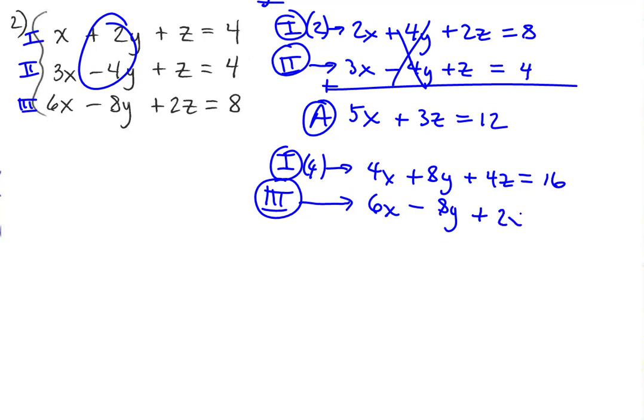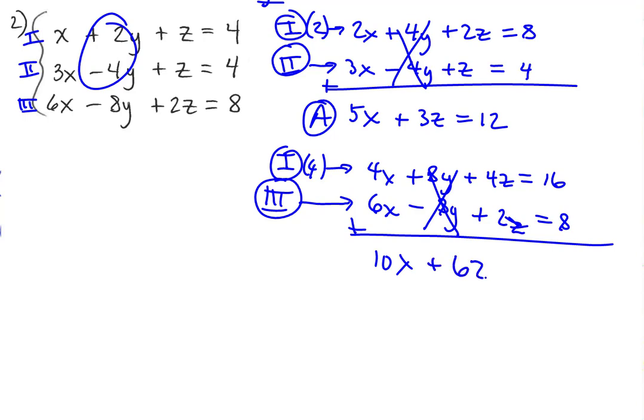And so I'm just copying down that equation, which will end up as 6x minus 8y plus 2z equals 8. Now if we add these to eliminate, we'll end up with 10x, the y's are gone, and then plus 6z equals 24. Okay, so this now, as you can expect, we're going to call equation B.